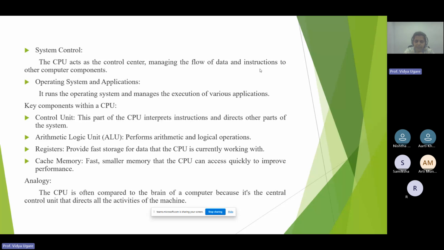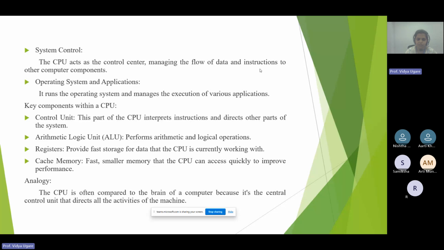You will not be able to do any single operation on your computer without an operating system. So the operating system is very important and mandatory software, whereas an application is additional software. I will come to what operating system and applications mean.